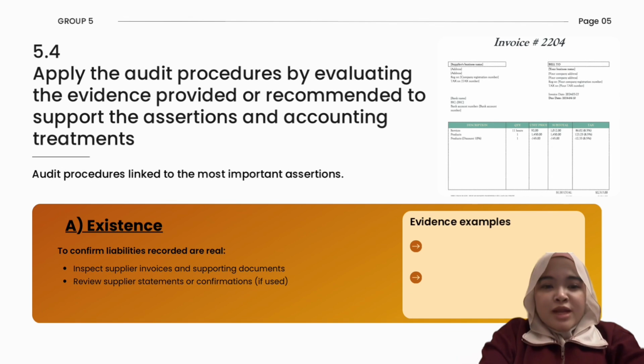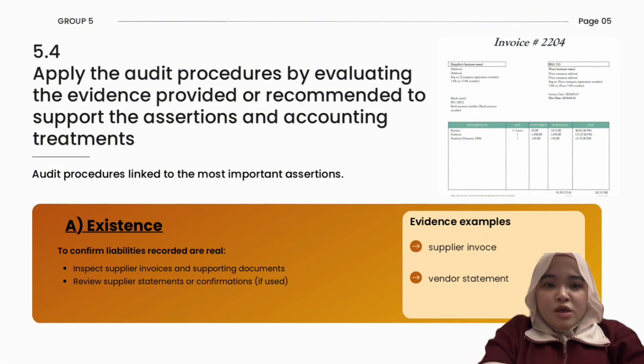For this slide, I will explain audit procedures related to the existence assertion. The purpose of this is to confirm that the liabilities recorded are real and actually exist. To do this, the auditor will inspect supplier invoices and supporting documents. They will also review supplier statements or confirmations if needed.